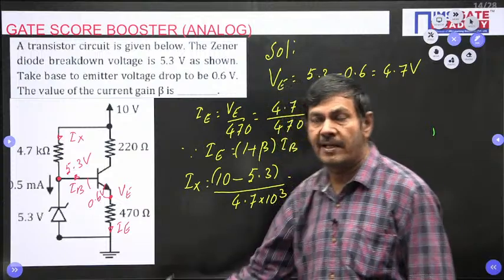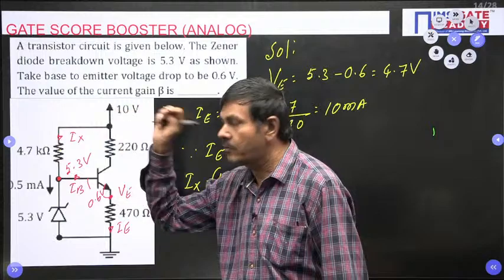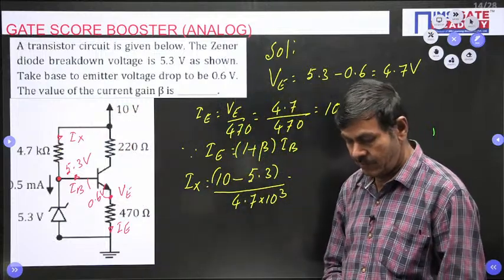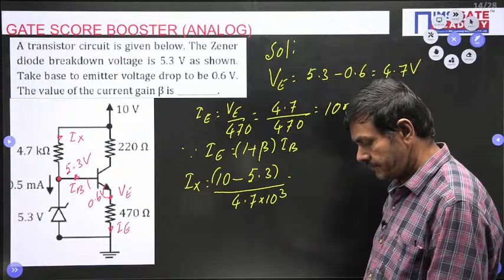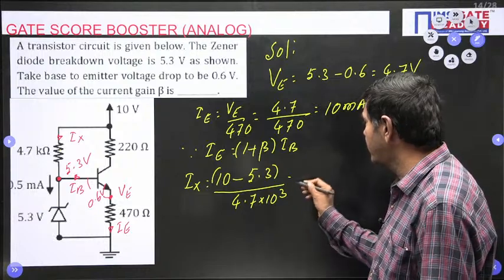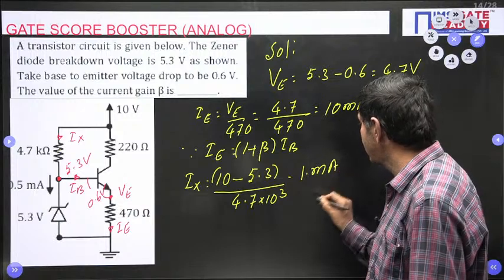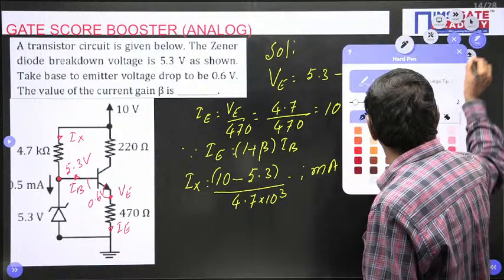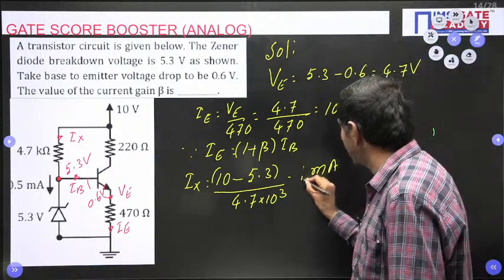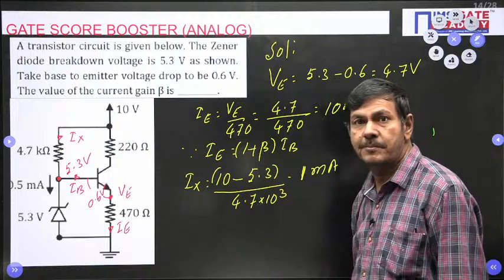May I know the value of IX here? What is the final value? It comes as 1 milliampere only. Check it. Understand now? 1 milliampere it comes.